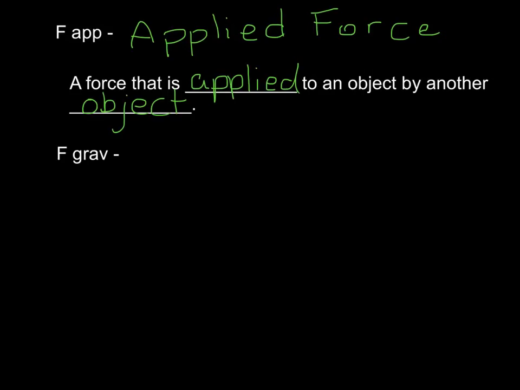The next force that we're going to talk about is called the gravitational force. We abbreviate the gravitational force usually with an F grav, or sometimes you'll just see an F sub g, usually a little g. F g or F grav is the gravitational force.